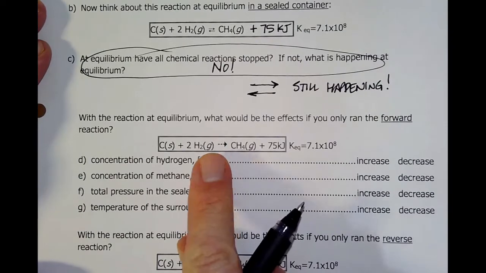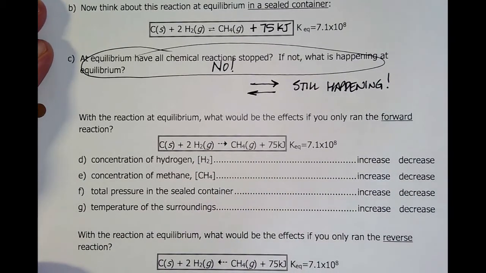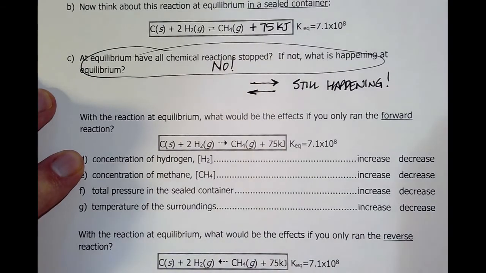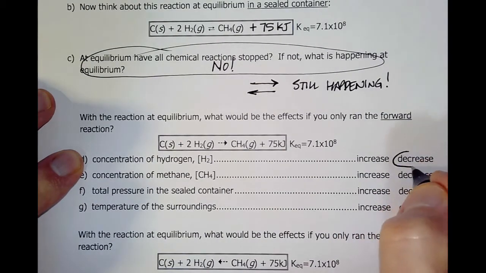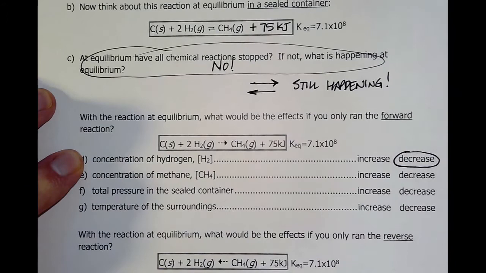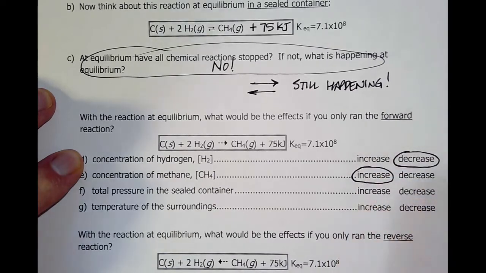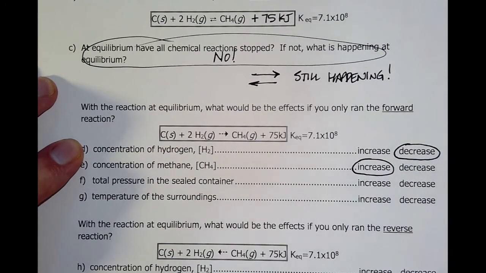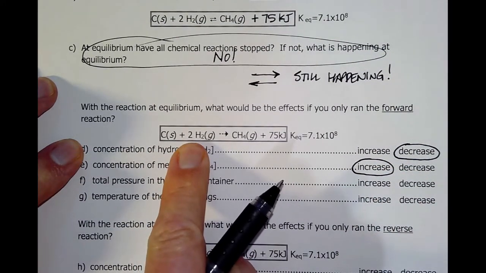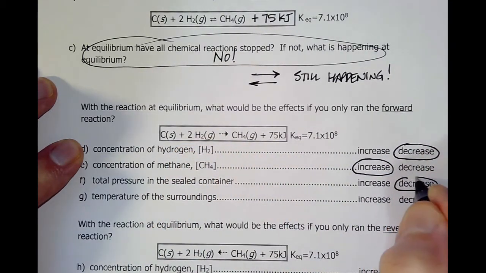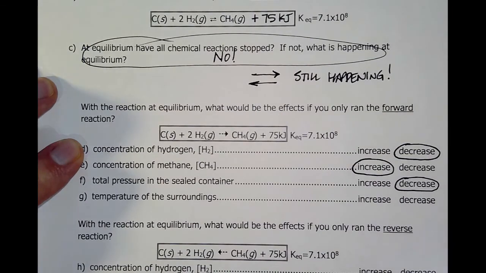So here, let's just pretend I'm only looking at the forward reaction. Well, if that reaction happens, H2 concentration decreases, right? CH4 increases. The total pressure, 2 moles of gas dropping down to 1 mole of gas, decreases.